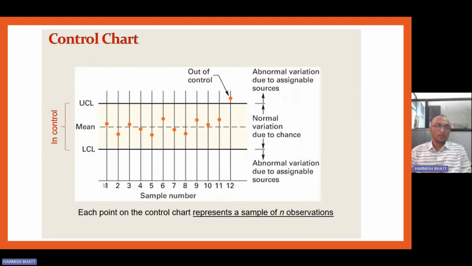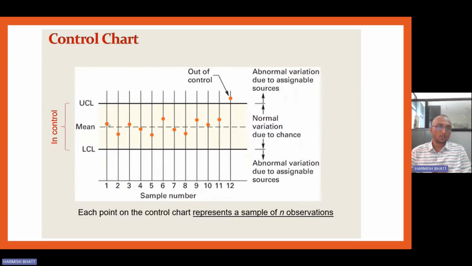We will select one sample first, and then the quantity that we want to measure or check will be measured for all the n items of lot 1, or sample 1. Then the mean value of all the n quantities for lot 1 will be found out, and it will be plotted on this chart.